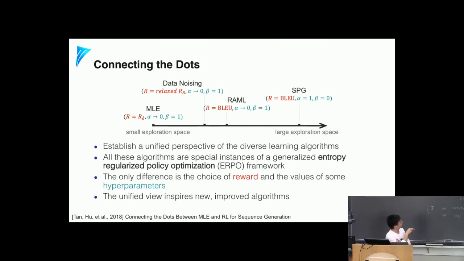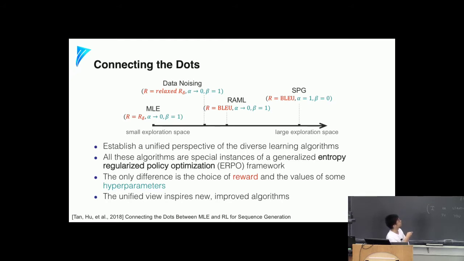Different algorithms are special instances, and the only difference is the choice of the reward function and the values of some hyperparameters. For MLE, we can reformulate this method to show that MLE is a special case of this framework with a reward function which is a delta function, and with this configuration of these two hyperparameters.